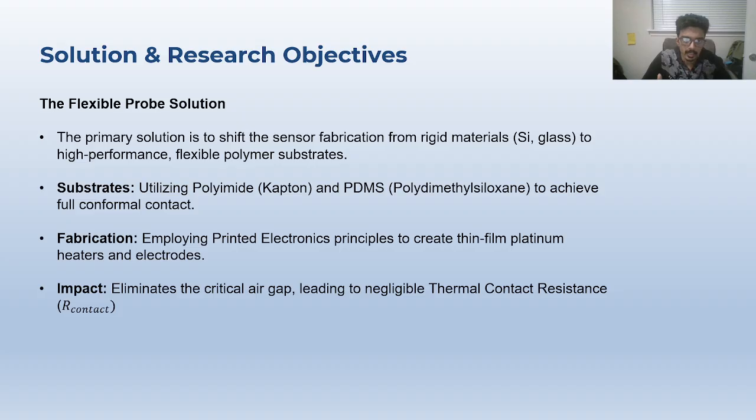The idea is that we create a substrate using polyimide or Kapton and PDMS to achieve full conformal contact, and we can do it through fabrication by employing printed electronics principles to create thin film platinum heaters and electrodes. That will eliminate the air gaps, leading to negligible thermal contact resistance, which is what we want.